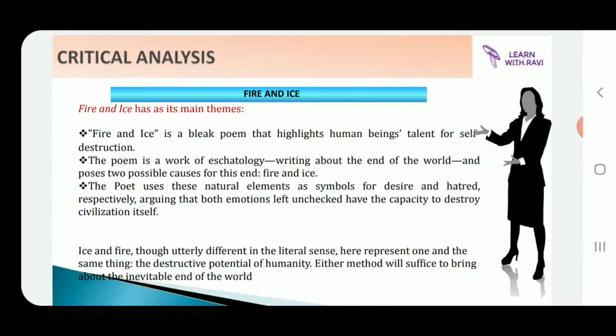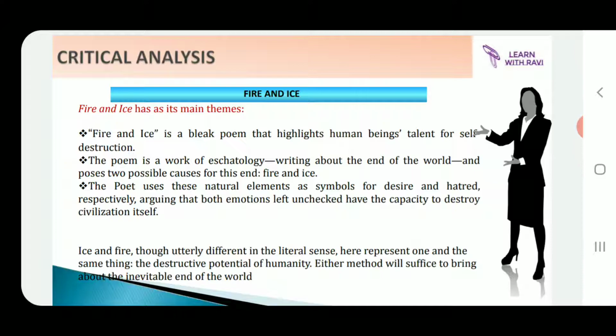You can make a note: fire here stands for greed, conflict, fury, cruelty, lust, avarice, and ice stands for insensitivity, coldness, intolerance, indifference, rigidity, and hatred.